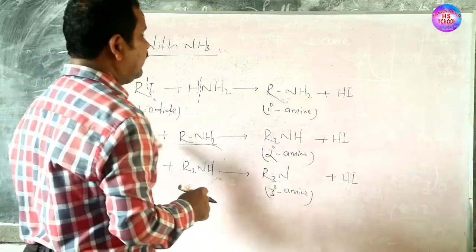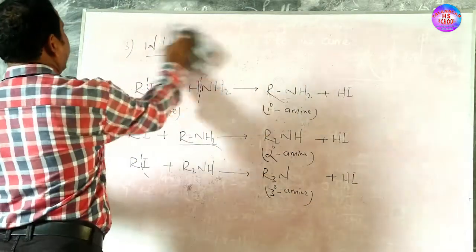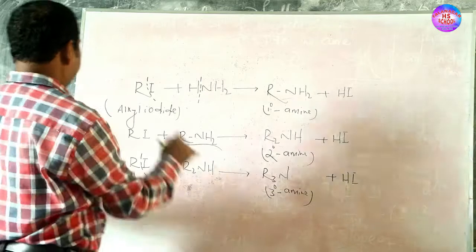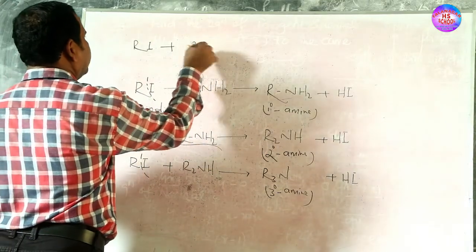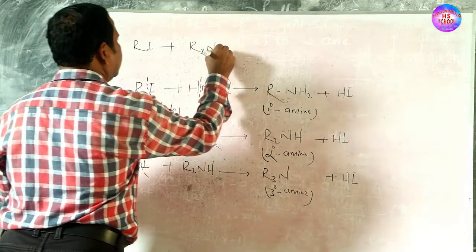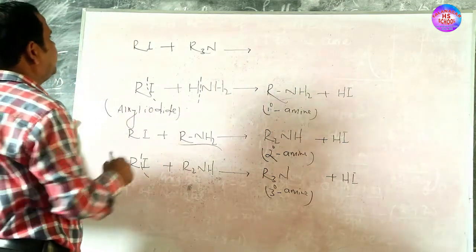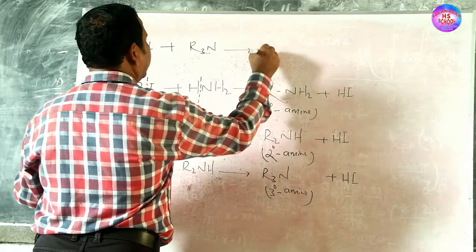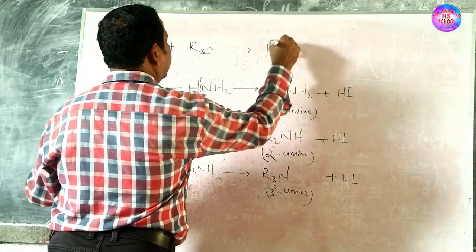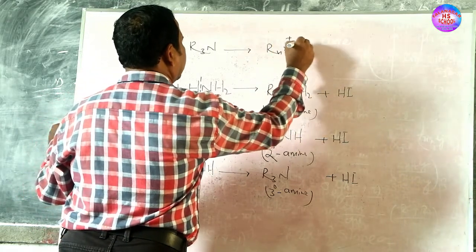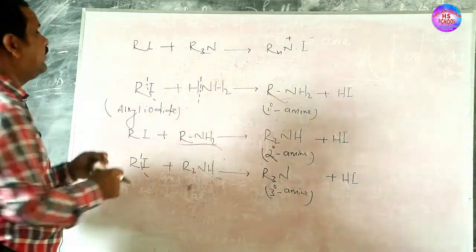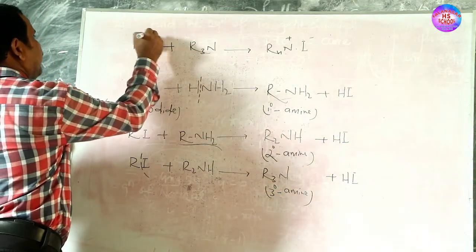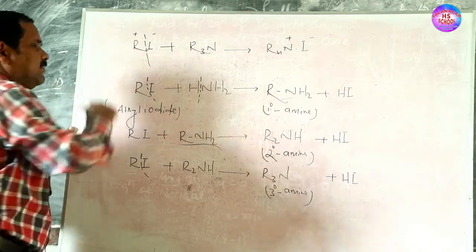And in the last step, RI plus R3N to produce R4N plus I minus. In this reaction, the R-I bond breaks.